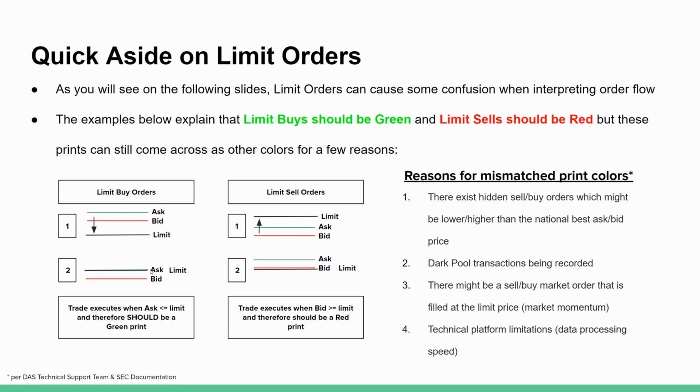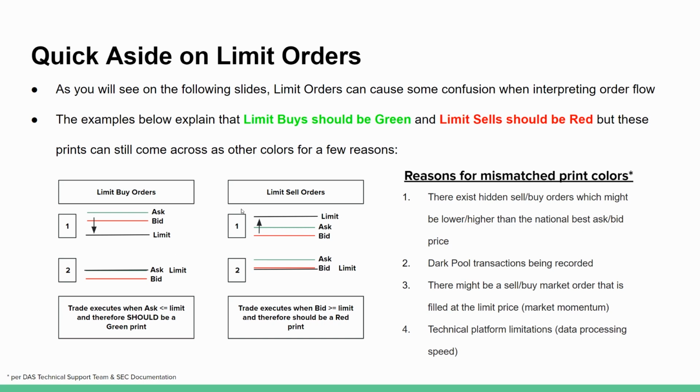Thus, because your price is either at or below the limit for the ask, you should be seeing a green print when a limit buy order gets transacted, right? Now, of course, the other party to that is a seller that sold to you, but the point is, technically a limit buy should be a green print.